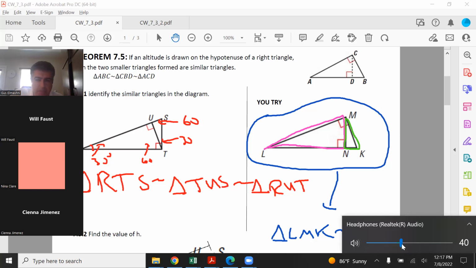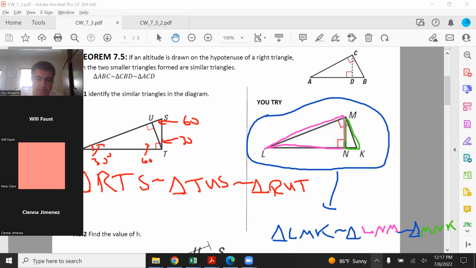But you just have to make sure that the way you order the letters for the other triangles, the corresponding angles match up. And again, it's just this kind of interesting phenomenon that happens when we have a right triangle. Whenever you draw an altitude, a perpendicular segment from the right angle to the hypotenuse, the other two triangles you form will be similar triangles to the big triangle.